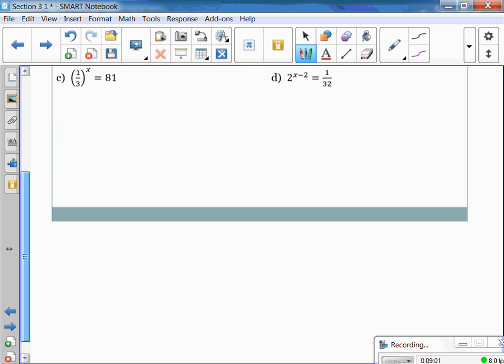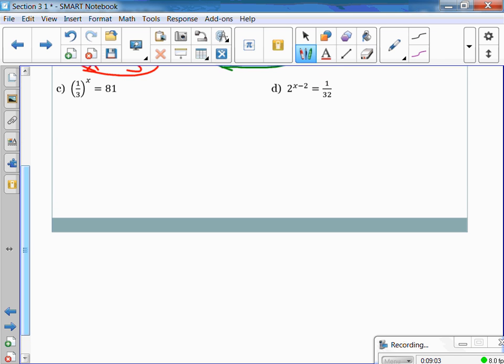Next, 1/3 raised to the x power equaling 81. Definitely not the same base. What can I do? Change it to a fraction.